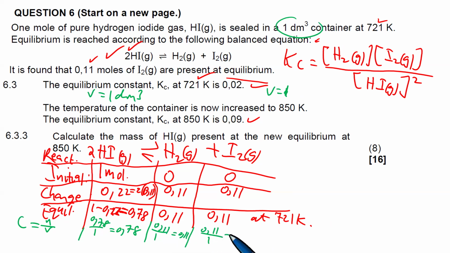So it is just 0.11. Now this table is extended. When the temperature increases, there's going to be a new extension. So there is a new equilibrium.